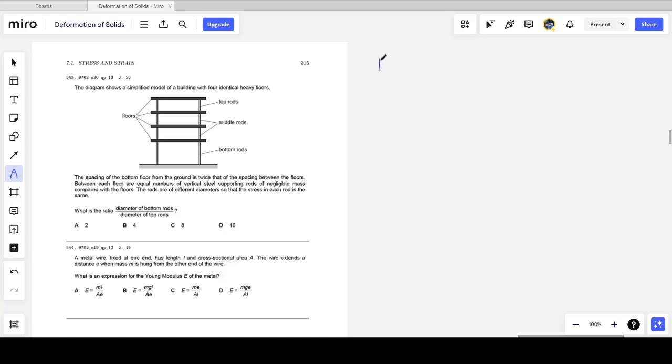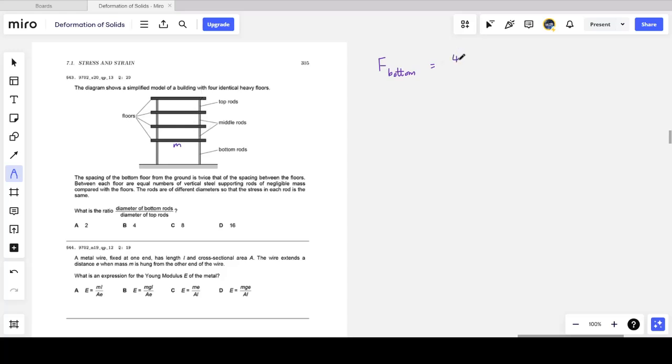So the force on the bottom rods, and I'm just going to do one individual bottom rod. The force on the rods at the bottom is equal to, let's say the mass of each of these floors is m. Then there are 4 floors above the bottom rods.